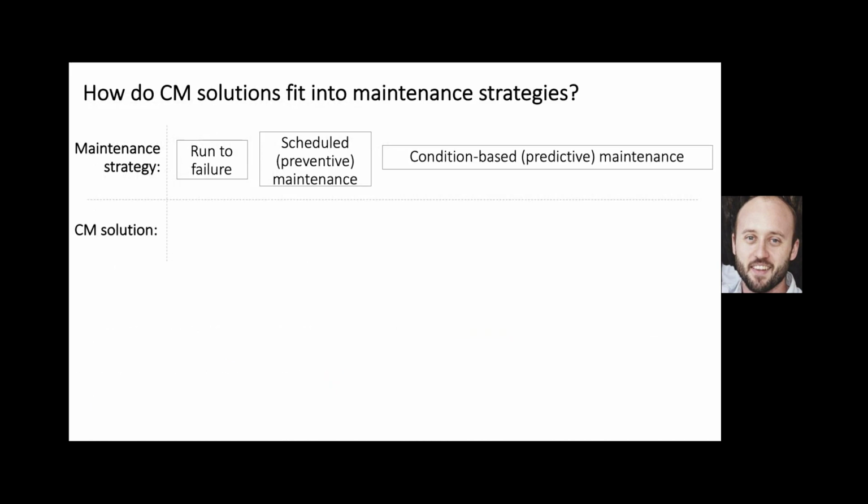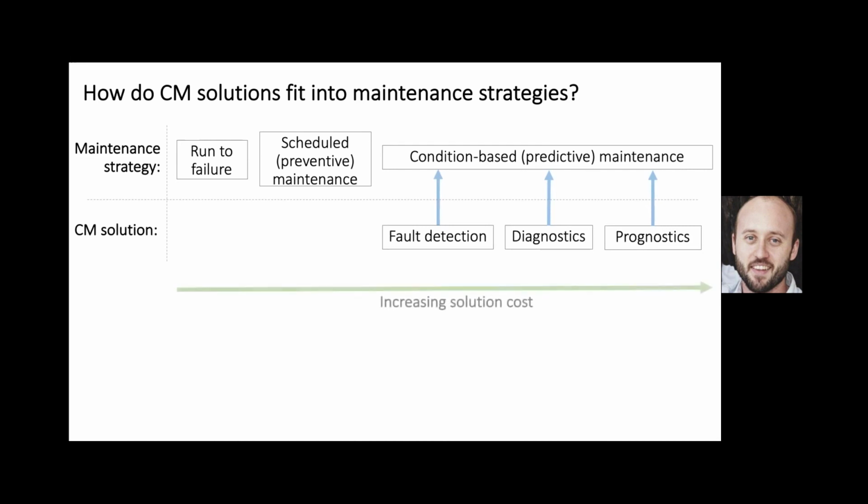So to recap how condition monitoring solutions fit into maintenance strategies, across the top, we have our spectrum of maintenance strategies going from run to failure to scheduled maintenance to condition-based or predictive maintenance. And we see that those condition monitoring solutions all feed into that condition-based maintenance program. So using those condition monitoring solutions is what enables the predictive maintenance strategy.